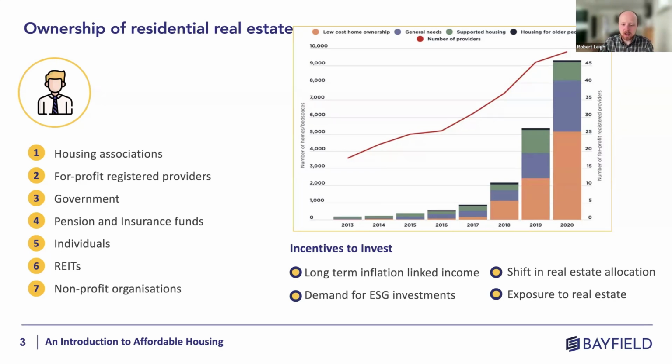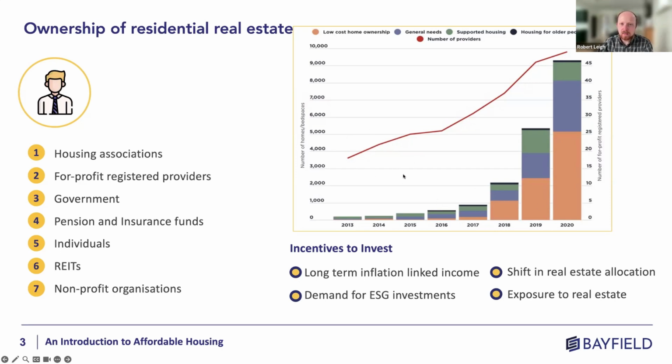So it might meet some of their social and governance criteria, not really the environmental, but social and governance criteria in particular. Sometimes they want to just shift their portfolio allocation into residential from potentially commercial, and affordable housing might be a safer option, as mentioned with the previous risks. And some may just want exposure to the real estate market.